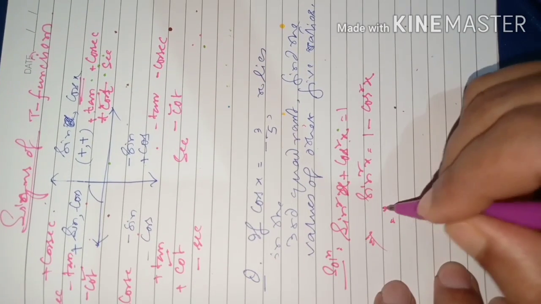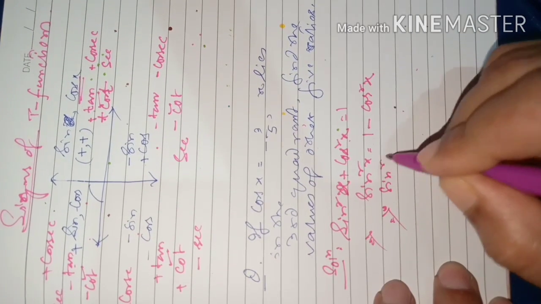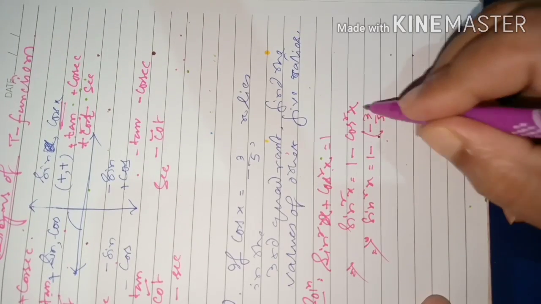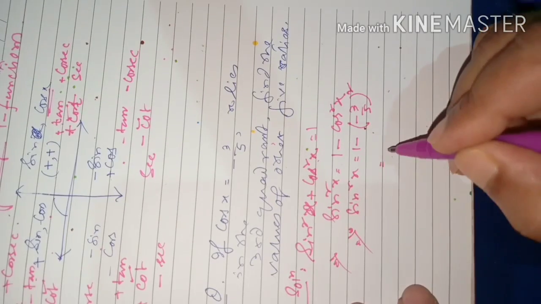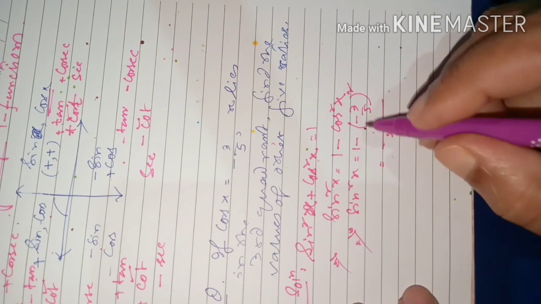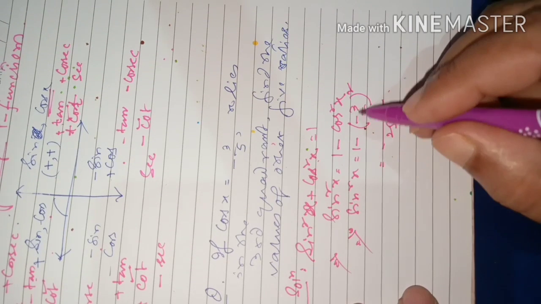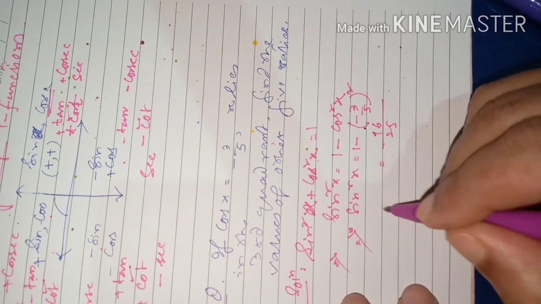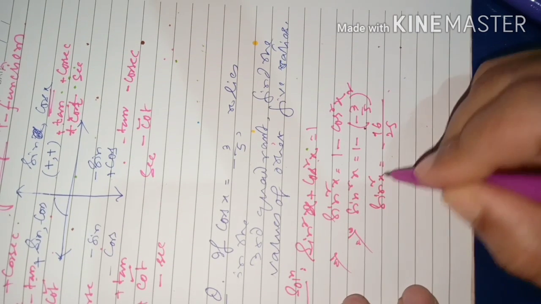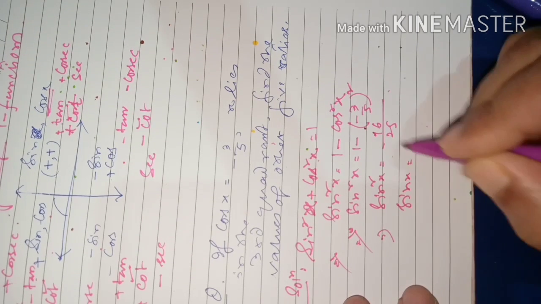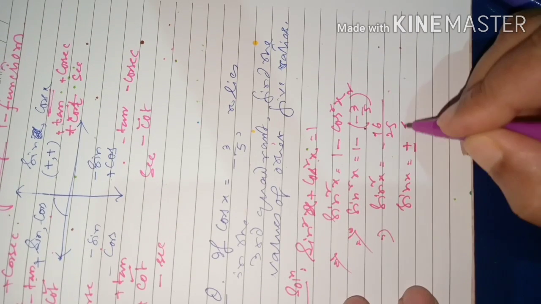So sine square x is equal to 1 minus (minus 3 by 5) whole square. If you square it, it will be 25 minus 9 over 25, which is 16 by 25. Then sine x, taking the square root, is plus or minus 4 by 5.